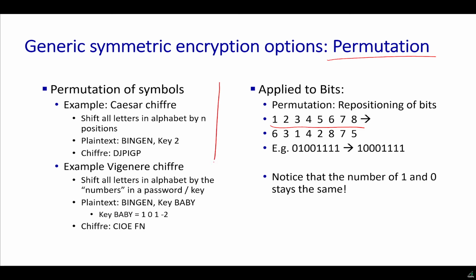If we talk about symbols, with letters A, B, C, D and so on, and we shift every input A to a C by 2 steps, that would be, for example, the Caesar shifter. Julius Caesar, the famous Roman.